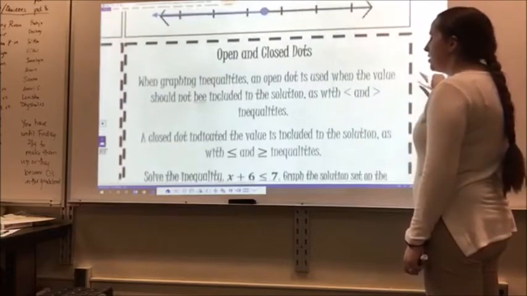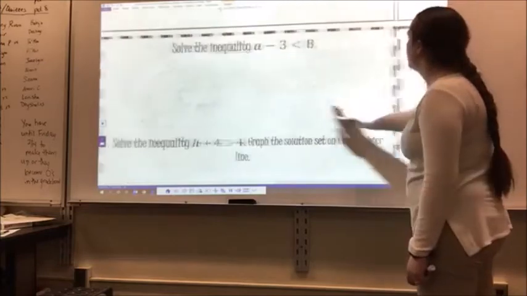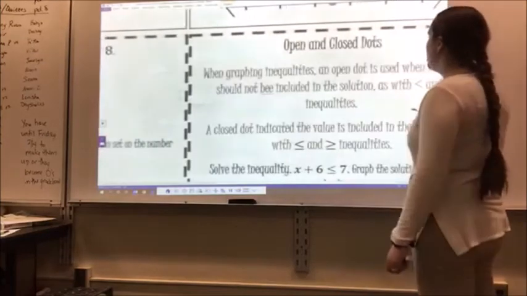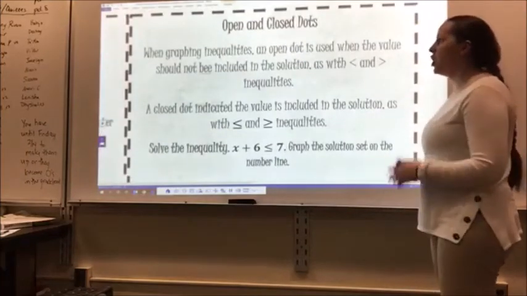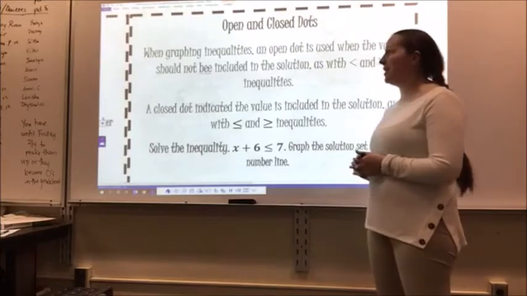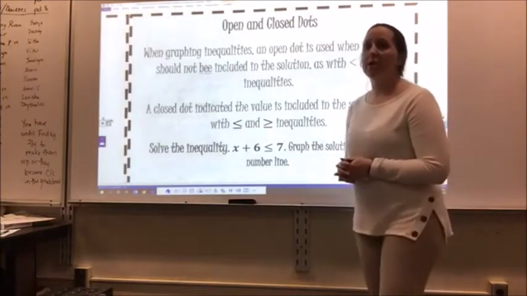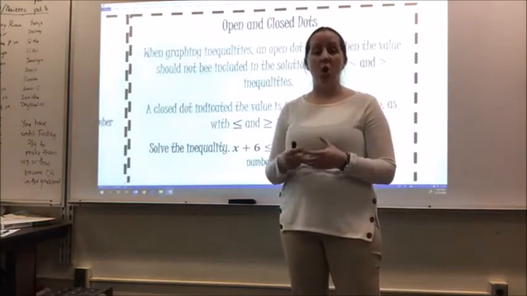Okay. So a couple things with open and closed dots. So when I'm graphing inequalities, an open dot is used when the value should not be included in the solution. So if it's a less than sign or a greater than sign, that's an open dot.